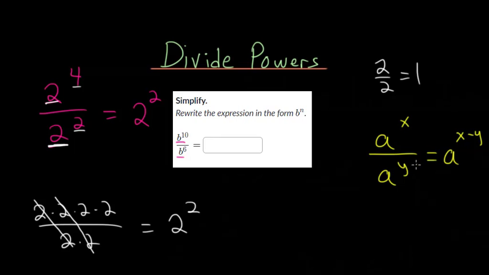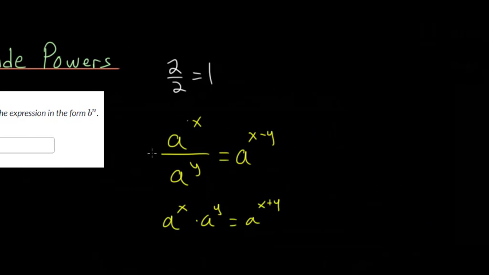When you do multiplication, remember from that video, we end up adding the exponents. So recall that if you had a to the x times a to the y, in this case you just add. And you might not notice it, but these are actually the same rule. Because if I take this expression here, I can rewrite a to the y using a negative exponent and bringing it up top.